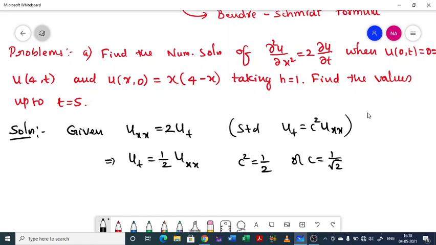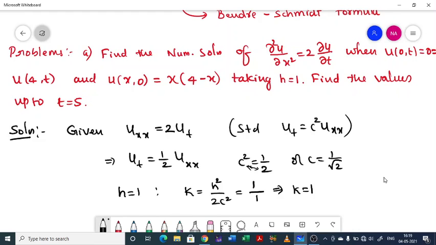You could take plus or minus root 2, no problem; just take 1 by root 2. Now we have h equal to 1, so I have to compute k equal to h square divided by 2c square. Since h is 1, h square is also 1, and 2c square is 1. So k equal to 1.